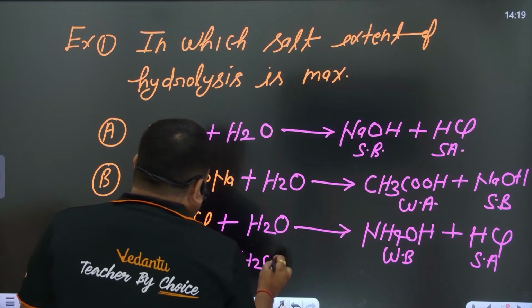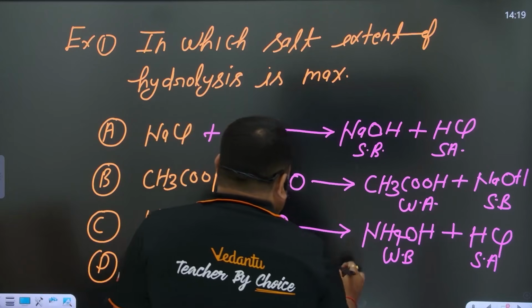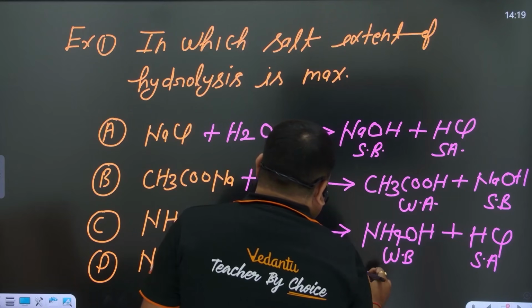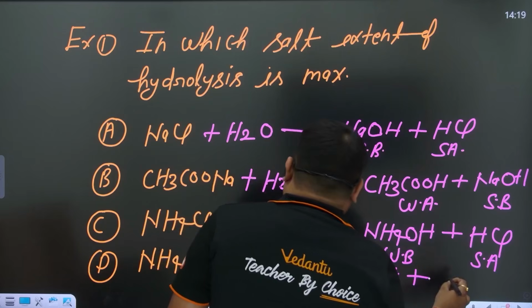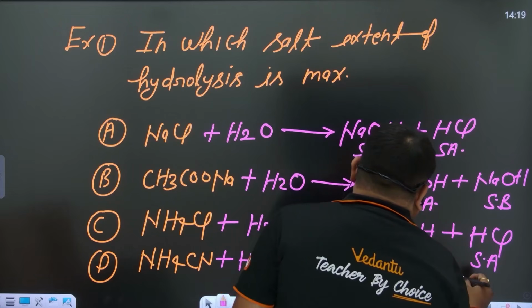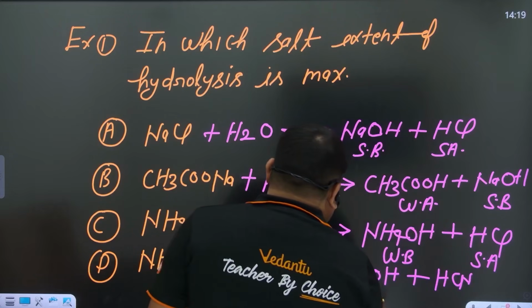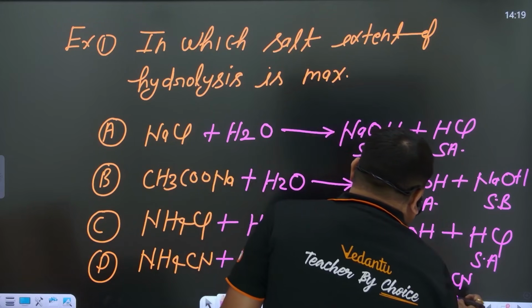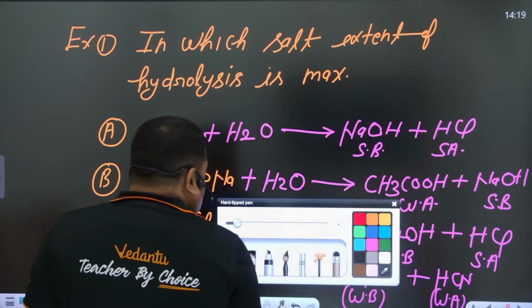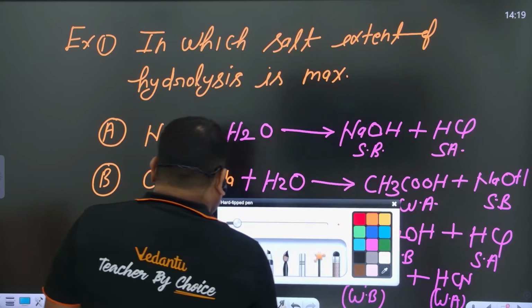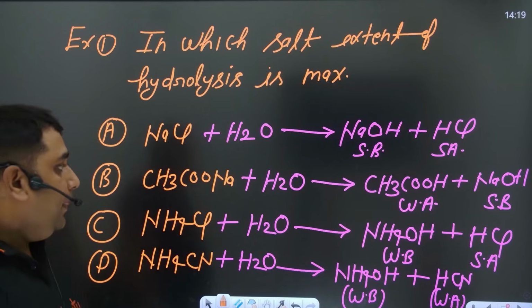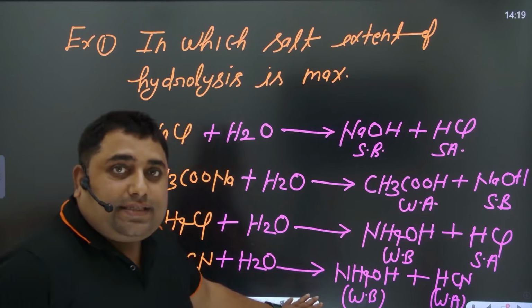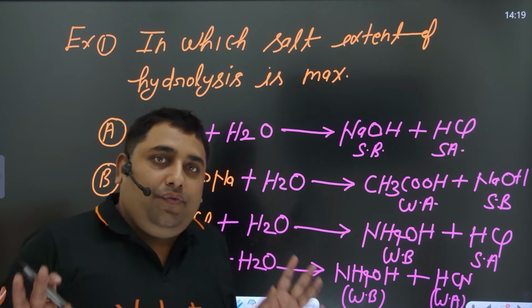If you add water in the D part, then you get NH4OH plus HCN. Now see, this is a weak base and this is a weak acid. So in option D, both acid and base are weak.